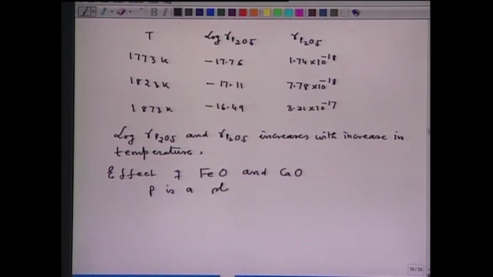By this I mean that the removal of phosphorus requires the presence of slag, number 1. Number 2, slag should also provide enough oxygen for the reaction of phosphorus to convert to P2O5. So, that is why it is called a slag metal reaction.